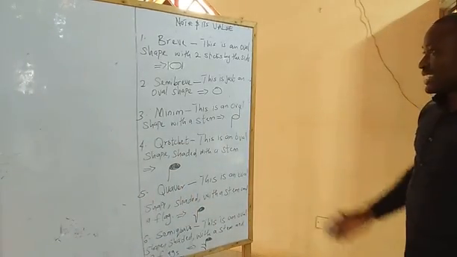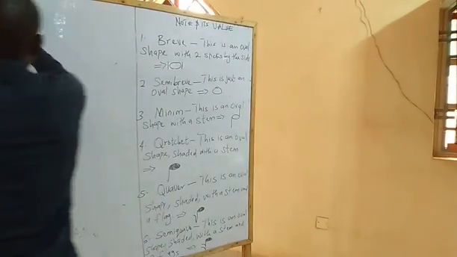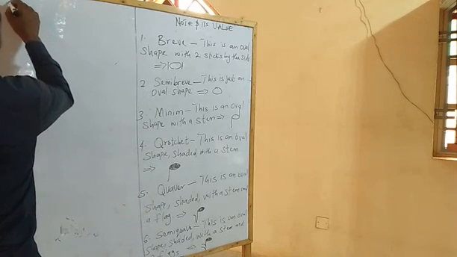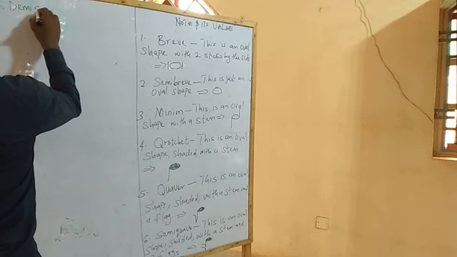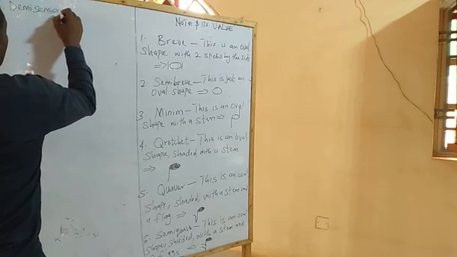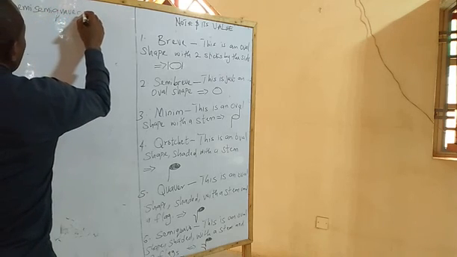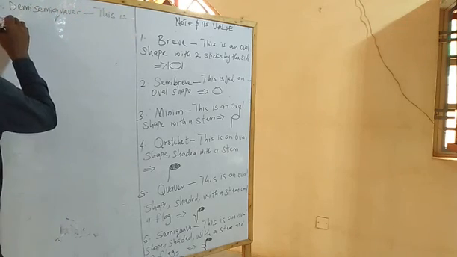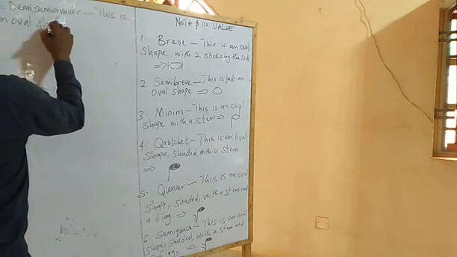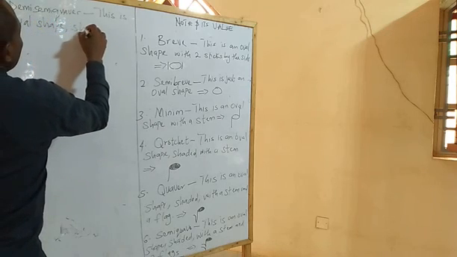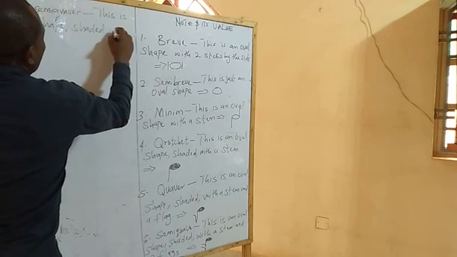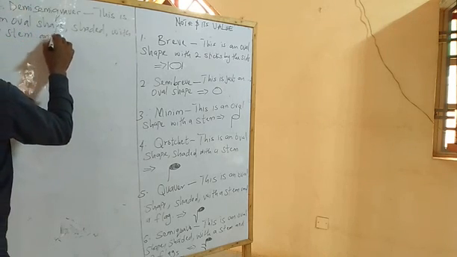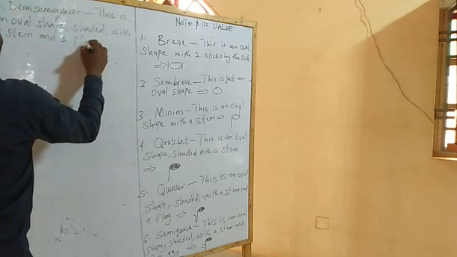I hope you understand. Let me stop here. Number 7, the demisemiquaver. You say this is an oval shape shaded with a stem and three flags.